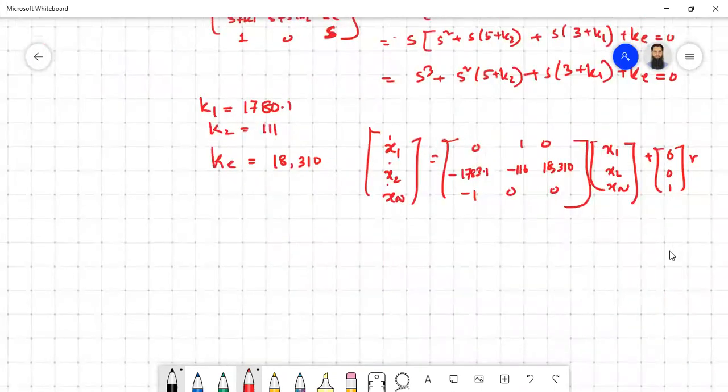And our output equation y equals 1 0 0 times x, basically a function of x1 only, since we were doing the design in the phase variable form.